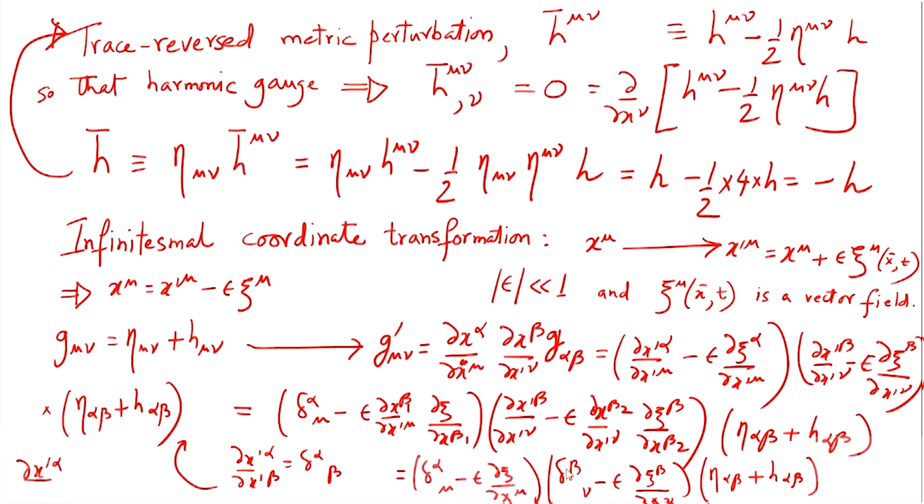When I open up the bracket, I will only take the linear orders in epsilon, and the final ε² term I will discard. So we have got this expression that we want to simplify. Since we have this result here, I will erase the top part and do the simplification here.